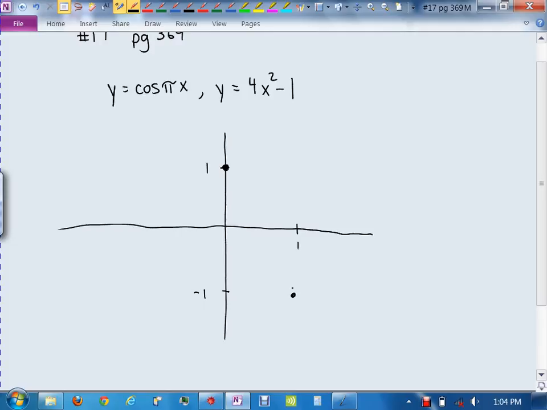And then if I plug in 2, I'm at 2 pi, right? And cosine of 2 pi is back up at 1. And then at the midway points, at 1/2, I get pi over 2. Cosine of pi over 2 is 0. So it's basically the cosine function where the period has been changed.